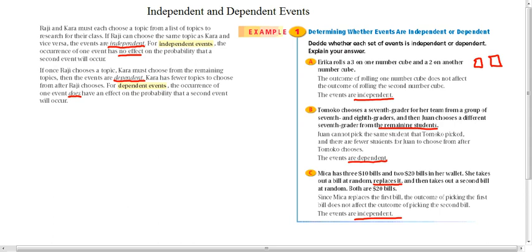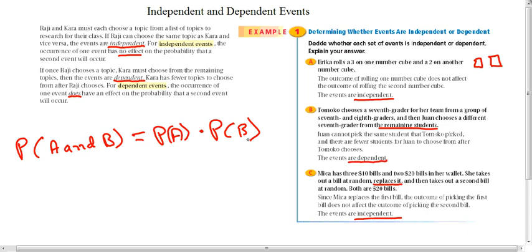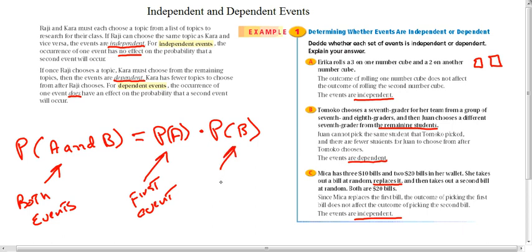But anyway, we do know that if we want to find the probability of 2 independent events, as we just discussed in the previous video, we're looking at the probability of A and B, which tells us that we're going to multiply: the probability of A times the probability of B. So this is the probability of both events, this is the probability of the first event, and this is the probability of the second event.